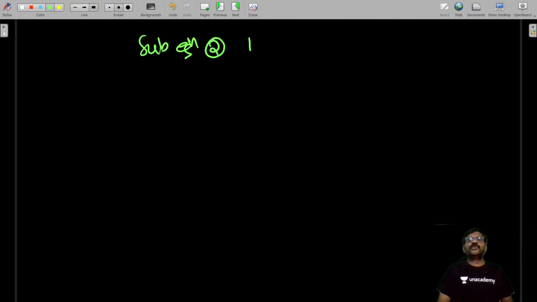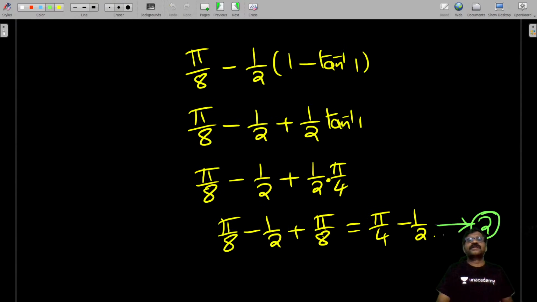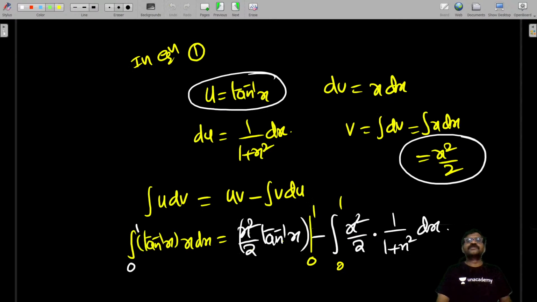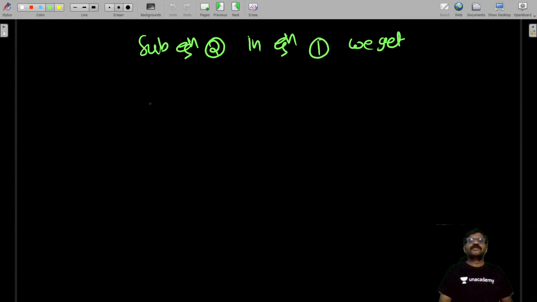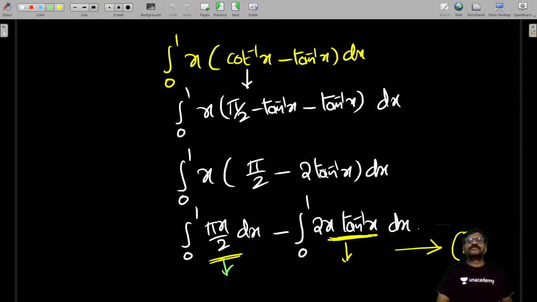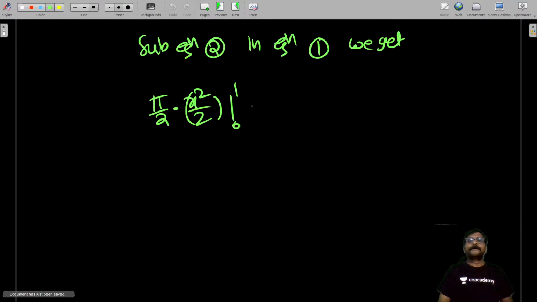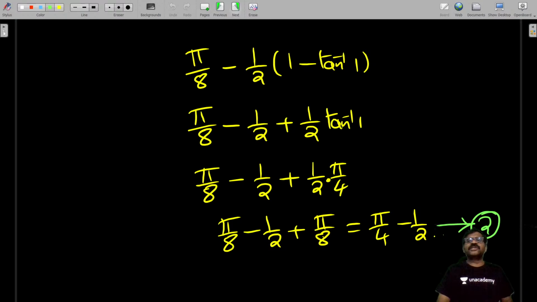Substituting equation 2 in equation 1, we get integral 0 to 1 of pi by 2 into x square by 2, from 0 to 1, minus 2 into pi by 4 minus 1 by 2.